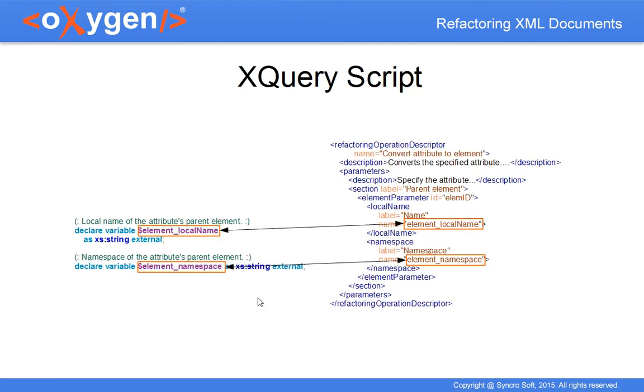Okay. It all starts with the XQuery script. At the beginning of the script, I have an external variable for each input needed from the user. We will also need an XML descriptor file. This descriptor file contains parameter definitions for every external variable in the script.